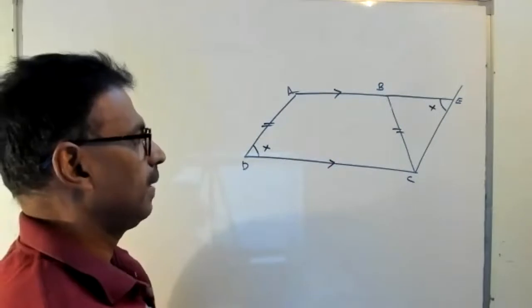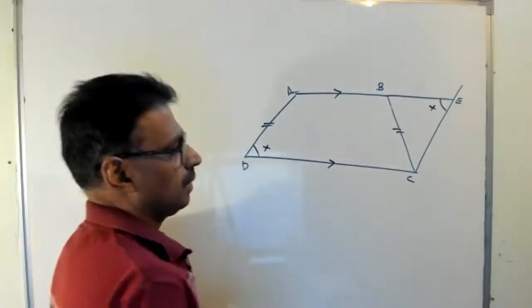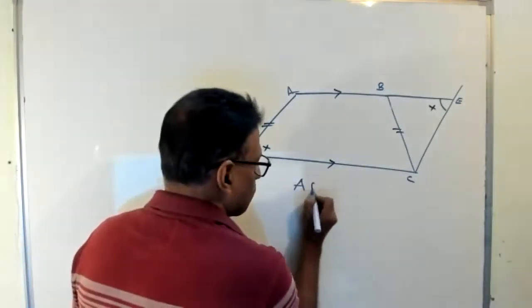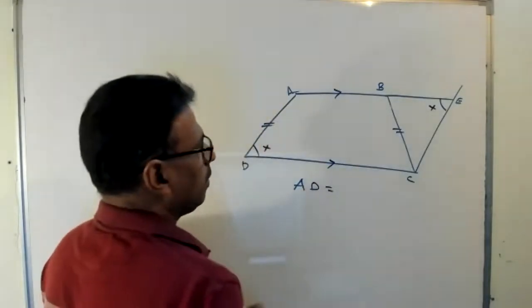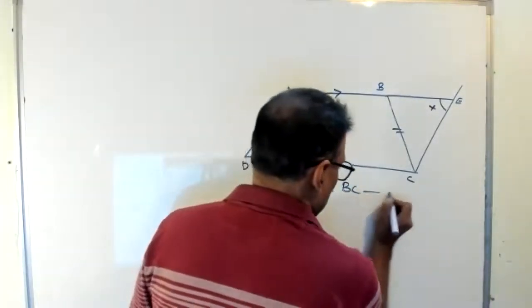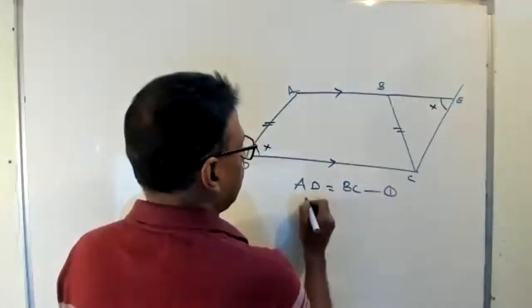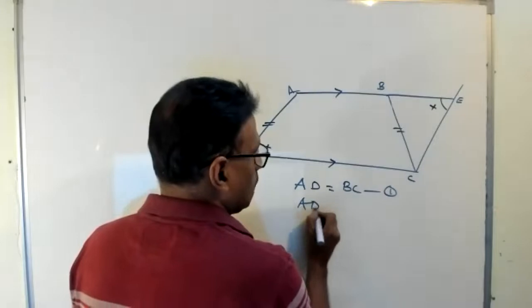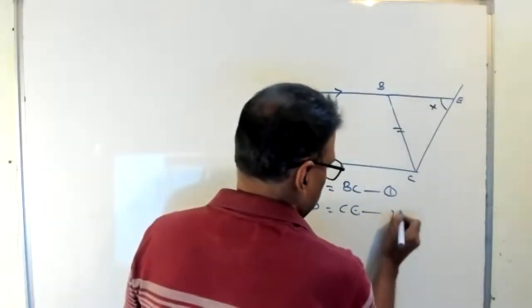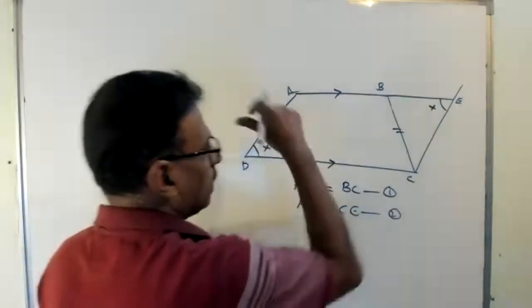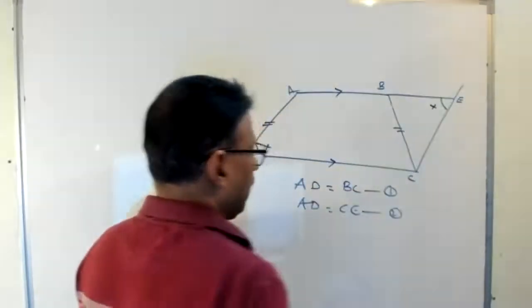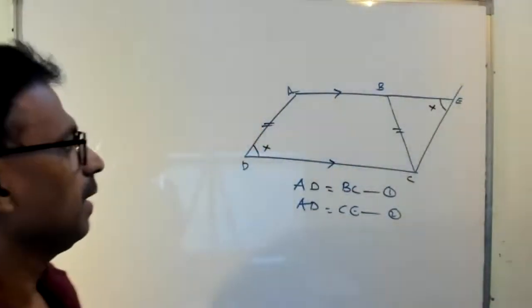Then look, AD equals BC, call it number one. Don't type, I'll give it out. AD equals CE, number two. AD equals BC, number one.